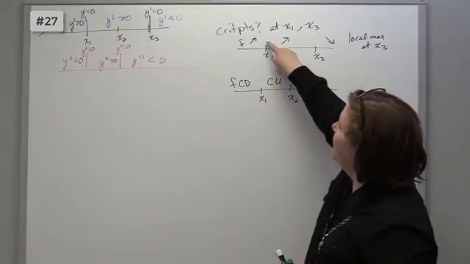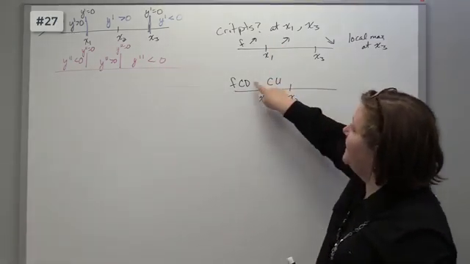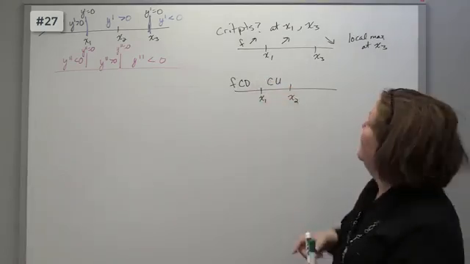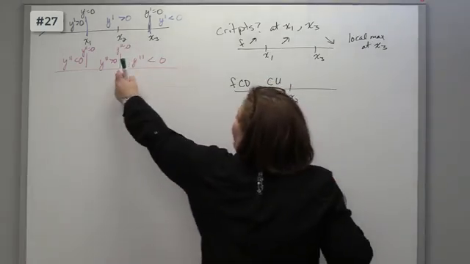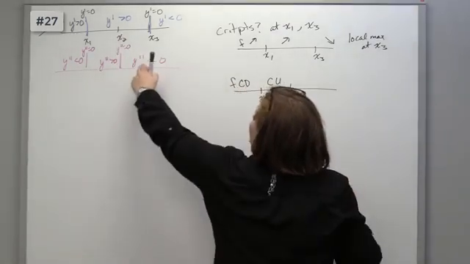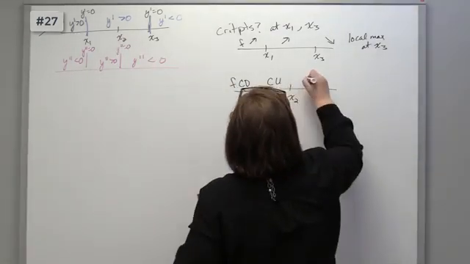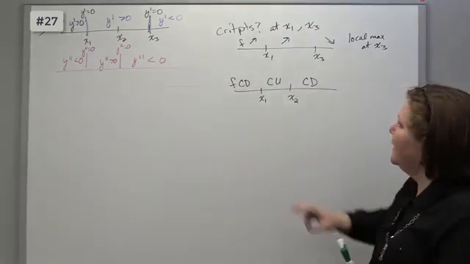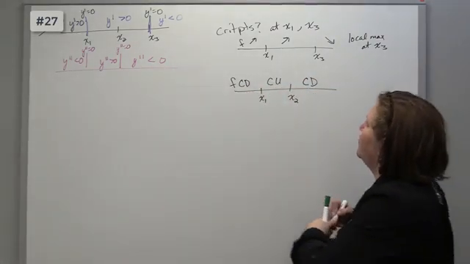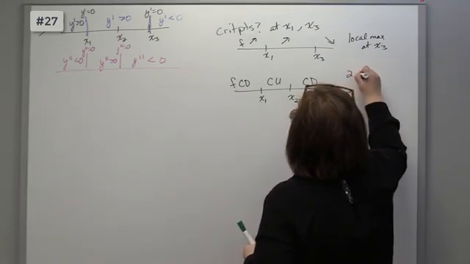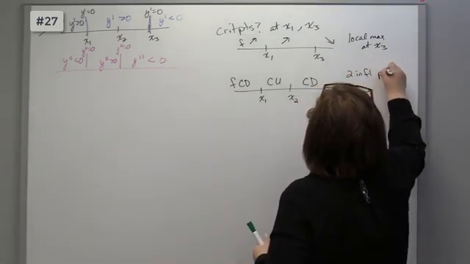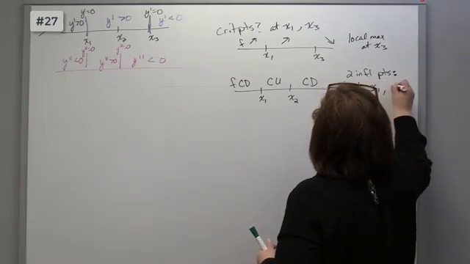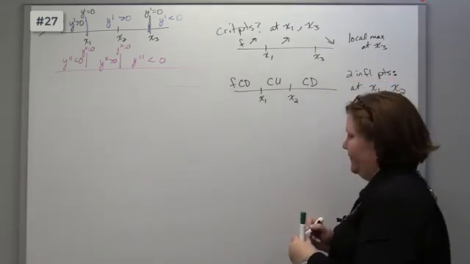So this critical point, x1, looks like it is going to end up being an inflection point. And then after x2, y double prime is negative, so concave down. And so it looks like we have two inflection points at x1 and at x2.